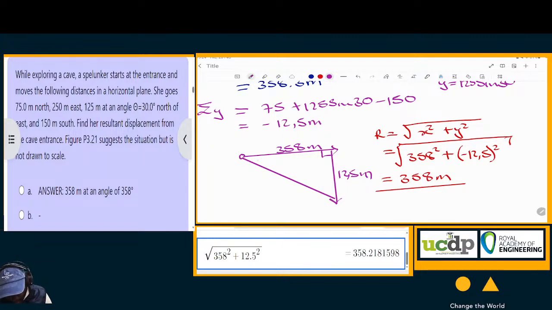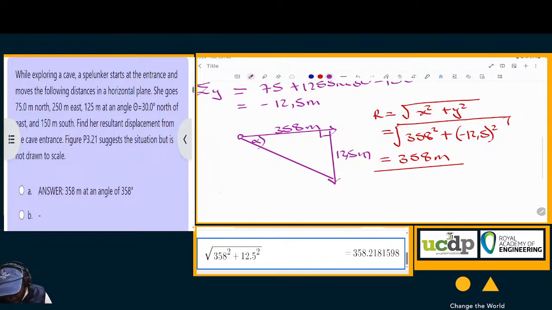So this is your, let's say, alpha, and you've got your opposite over your adjacent, which means tan of alpha will be equal to 12.5 over 358.